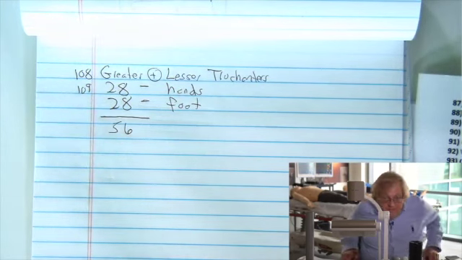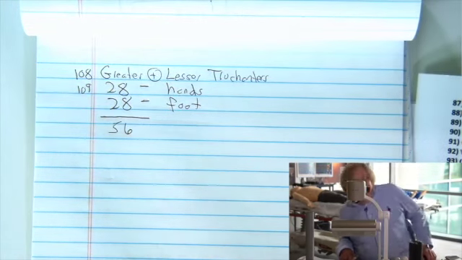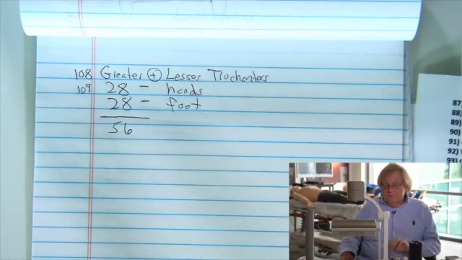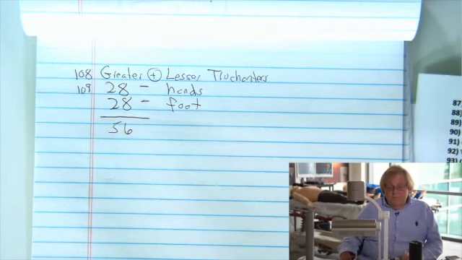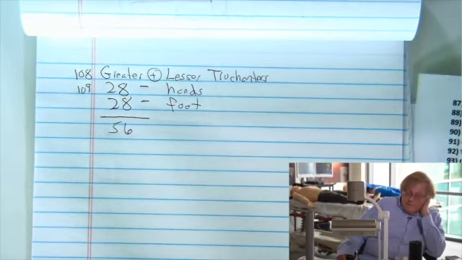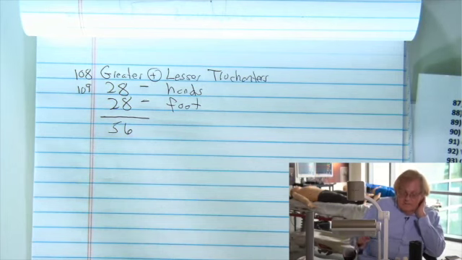So in effect, I have 56 phalanges, 14 on each hand, and 14 on each foot.